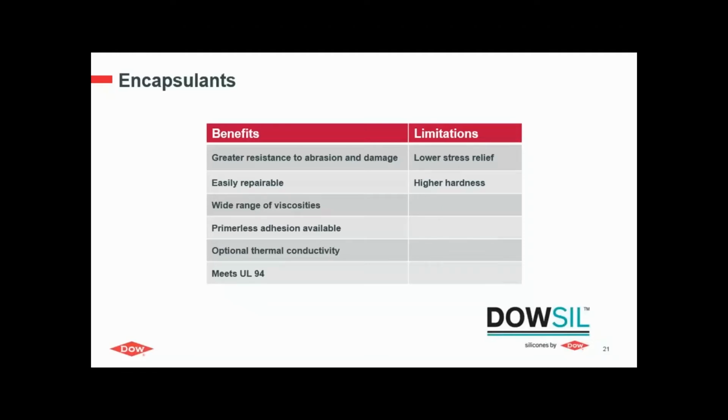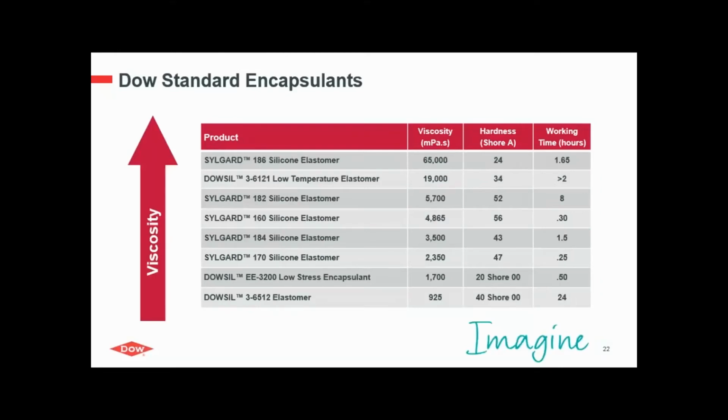The primerless option is also available for the encapsulants, as well as thermal conductivity. And most of the encapsulants also meet the requirements of the UL 94 certification. Now, from the limitation standpoint, because of the higher hardness, we have, of course, a lower stress relief into the module.